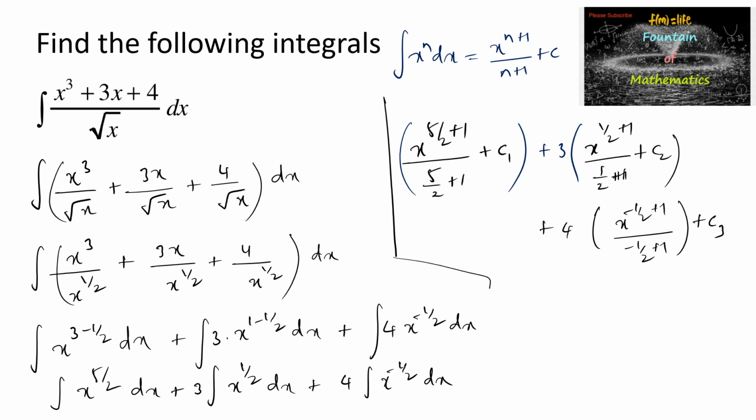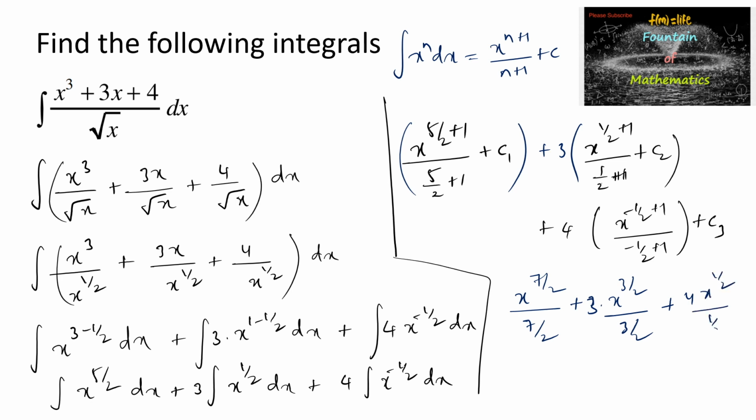So we can simplify and write it as x^(5/2+1), which is 7/2, divided by 7/2, and here 3 times x^(1/2+1), which is 3/2, upon 3/2, plus 4 times x^(1-1/2), which is x^(1/2), divided by 1/2, plus altogether the constants, we will take it as a single c.